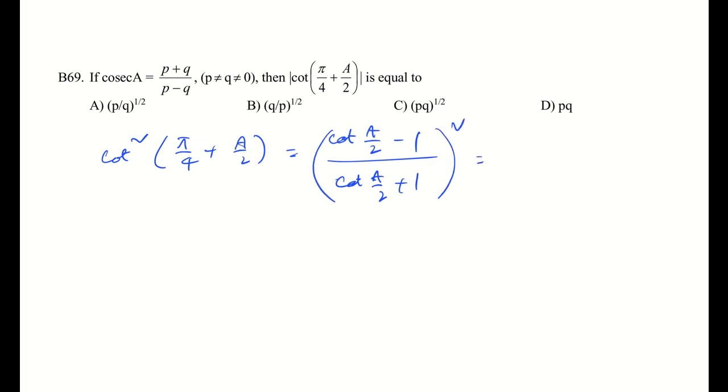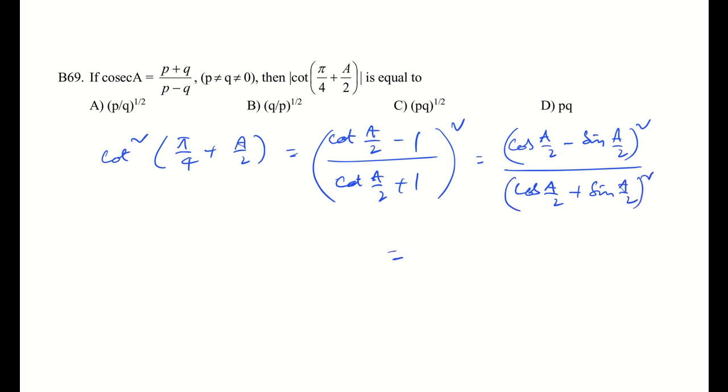Now writing everywhere cos by sin, I have it as cos A by 2 minus sin A by 2 whole square by cos A by 2 plus sin A by 2 whole square. So it is nothing but numerator 1 minus sin A by 1 plus sin A, denominator. Now he gave sin A is equal to p minus q by p plus q.